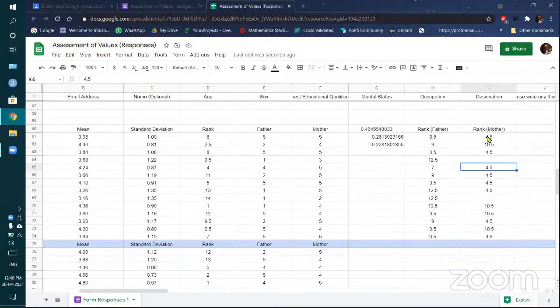There is only one 3. So that's 13. 13 and 14. Yes, sir, done. So now I should edit these things actually.